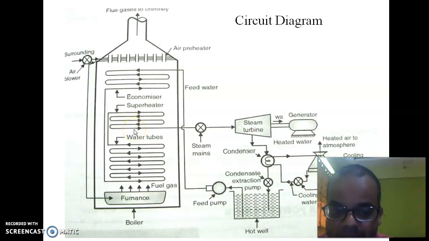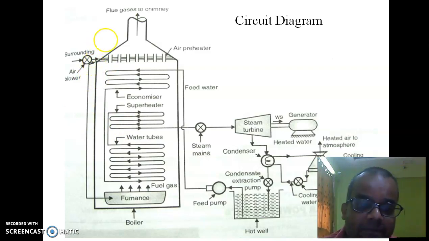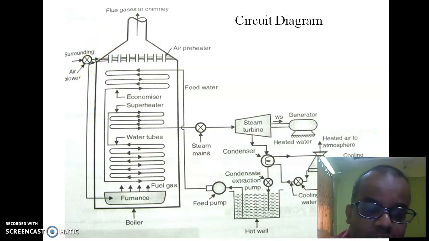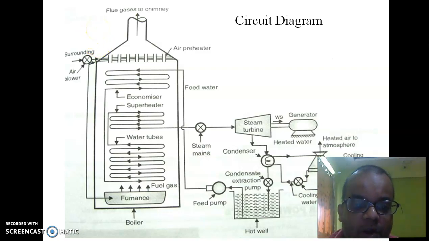So we are not using extra energy to convert that wet steam into superheated steam. We are using the existing flue gases. So the superheater is used to increase the efficiency of the boiler.